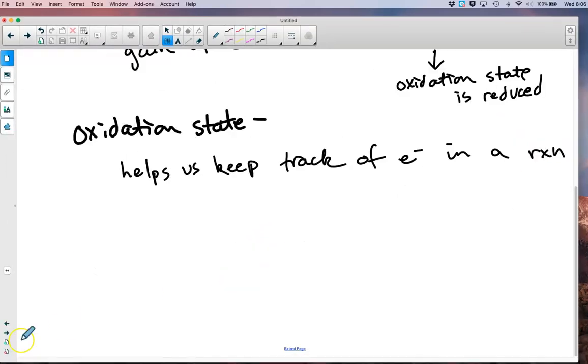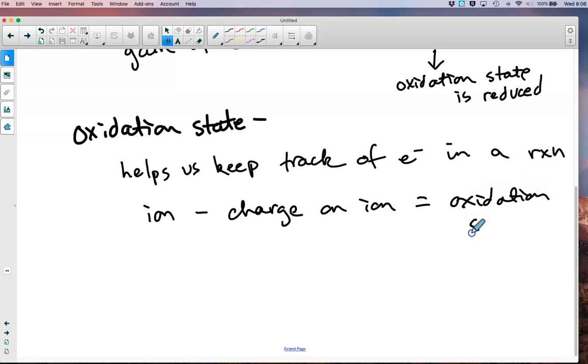The oxidation state is really something that helps us keep track of electrons in a reaction. So if you have an ion, the charge on the ion is the oxidation state. Elements have an oxidation state of 0.